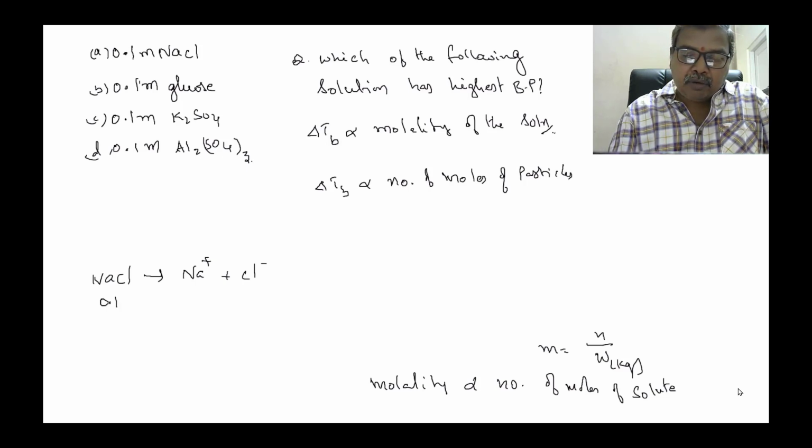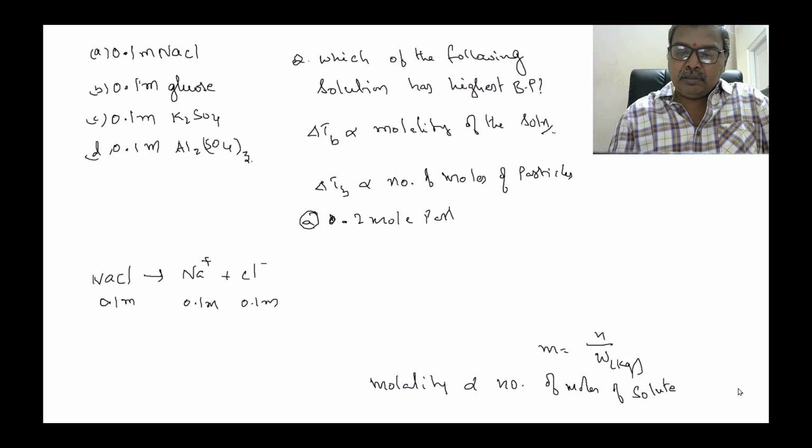So if it is 0.1 mole, then total number of particles in the solution is 0.2 mole. 0.2 mole particles are present in the solution. Next, glucose. It does not ionize in the solution. So the same number of particles will exist.